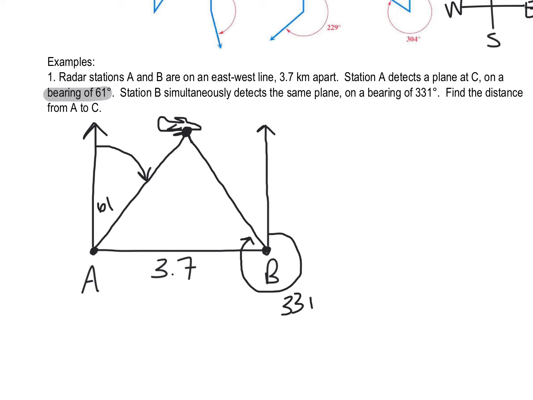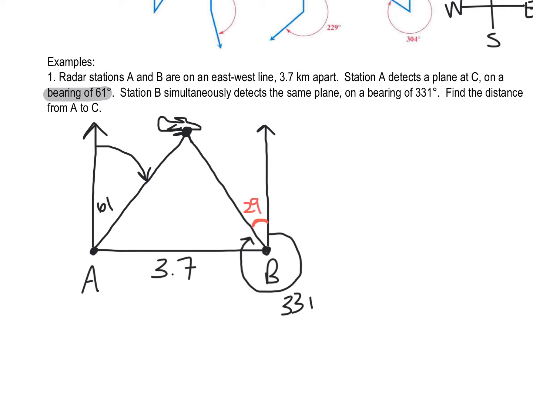Therefore, I think I can find what this angle is. I'm just trying to fill in my picture. That would have been a full circle had I started here and gone all the way around, but I stopped a little bit short and I got to 331. So that actually makes this angle 29. I'm going to fill that in.